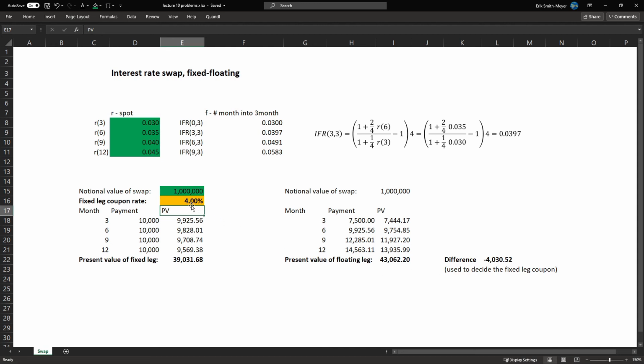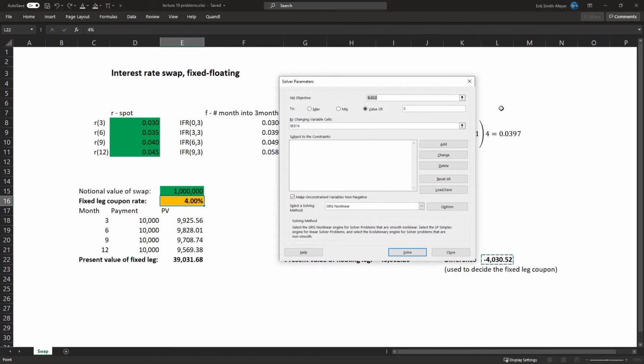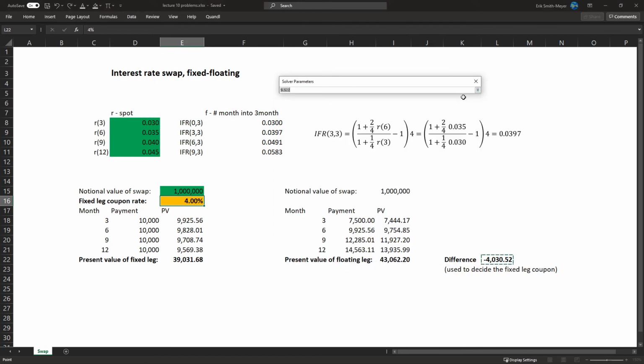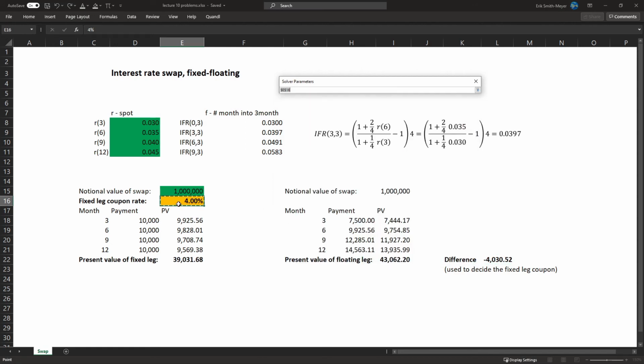To find the correct coupon rate, we can just go to Data and to the Solver, and we set the objective function here. The difference should be equal to 0 by changing the value of the fixed leg coupon rate.